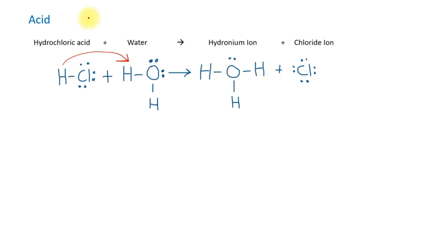So an acid is a hydrogen ion donor, a donor, which just means it's losing one.